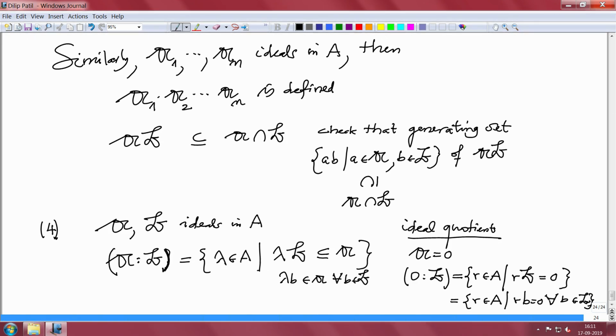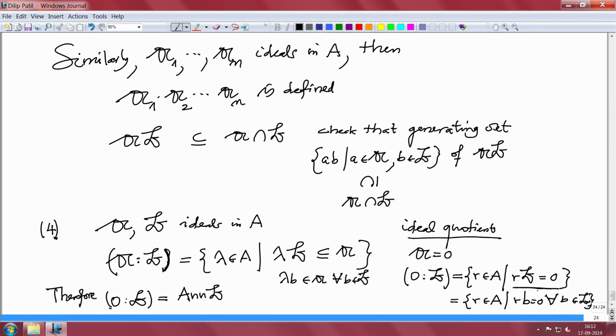This might remind you, this is precisely the definition of the annihilator. Therefore 0 colon 𝔟 is nothing but the annihilator of 𝔟. What is the annihilator of 𝔟? That is all those elements in the ring which kill 𝔟.